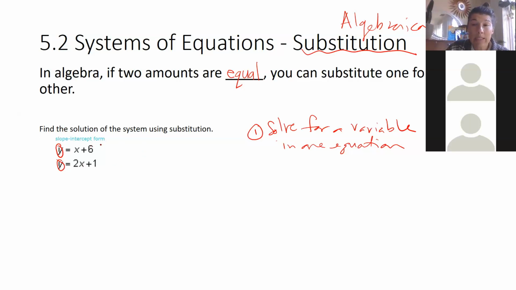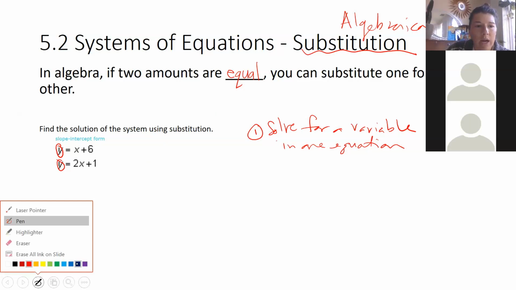Okay, so what this means is y is equal to x plus 6. This is also interesting because it says y is also equal to 2x plus 1. Huh, well, if y is equal to both of those things, can't we set those two things equal to each other? And so let's see how that works in substitution.